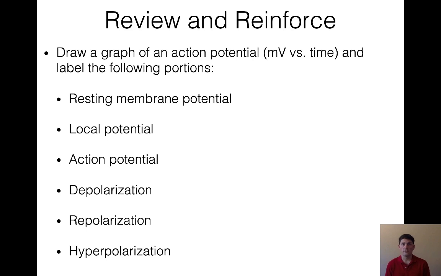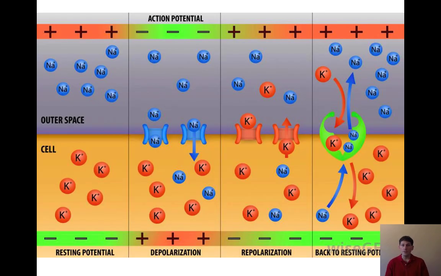This is tricky stuff. Now another way to look at this, I kind of like this diagram. You can see down here we have our resting potential, and so here's inside of our cell, here's outside of the cell. You can see we have a higher concentration of potassium inside, higher concentration of sodium out here, and you can see the voltage that we have.